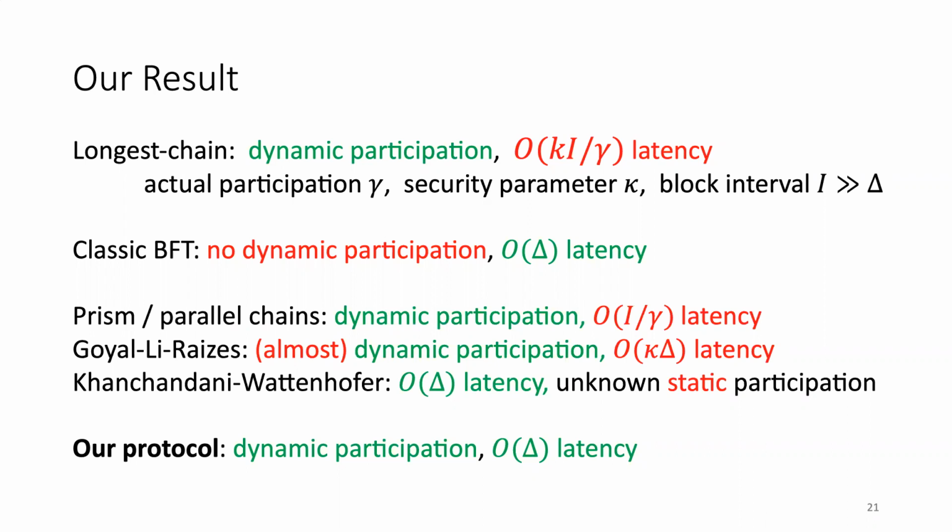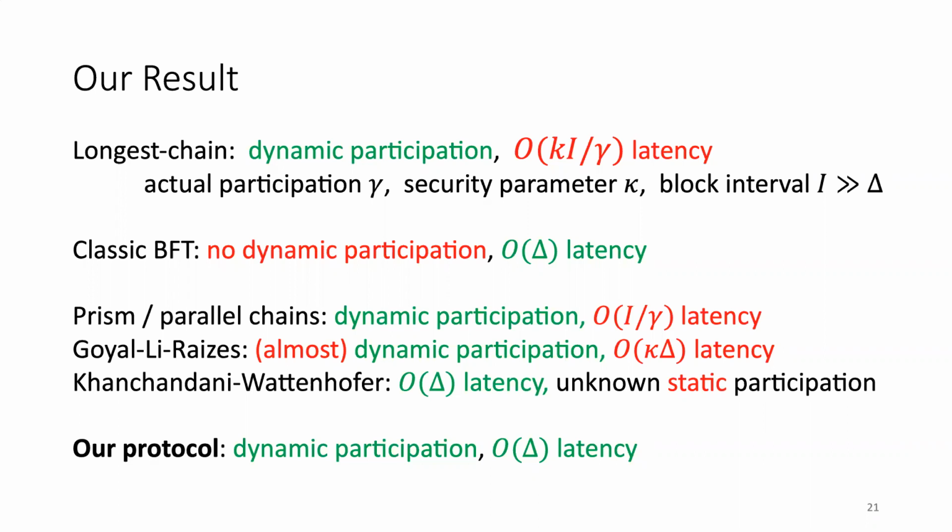They actually removed some other terms, but the kappa term stays. And there's another prior work that's achieved constant latency, but they're targeting unknown static participation, meaning that participation is not fixed beforehand, but once the protocol starts, it's fixed, it never changes. That's a much stronger model than what we're targeting here.